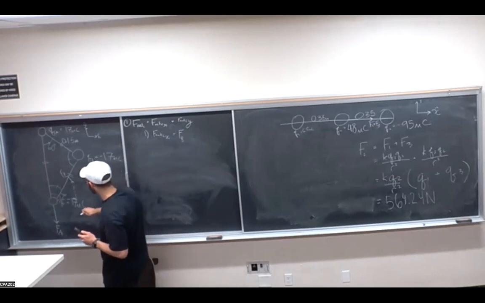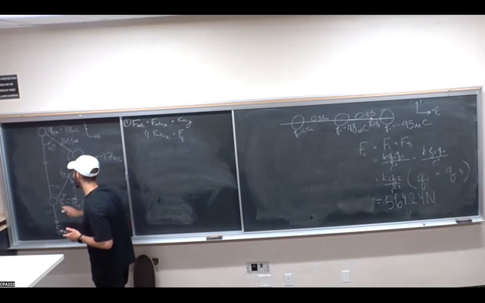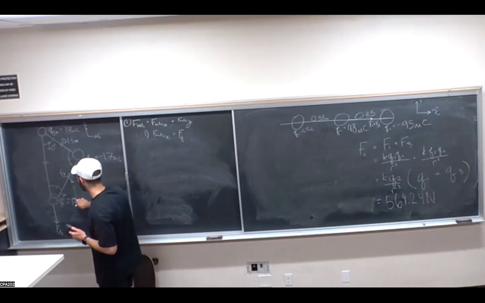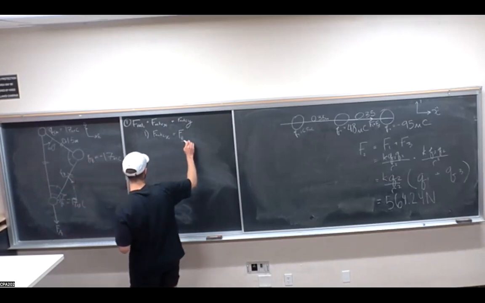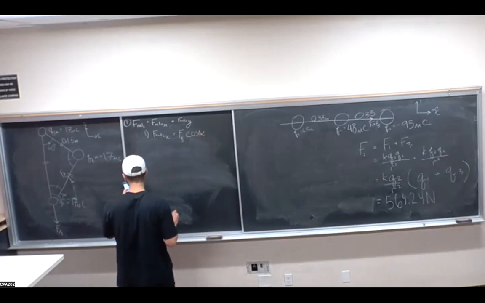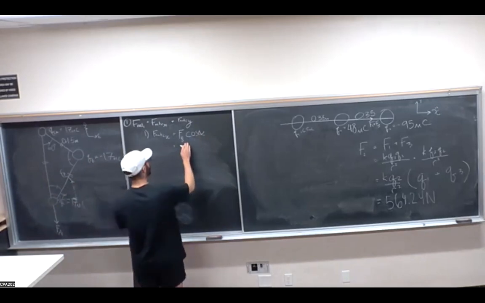And then what's the trig function that goes after it? So we're looking at the horizontal component relative to alpha. So it'll be FB cosine alpha.